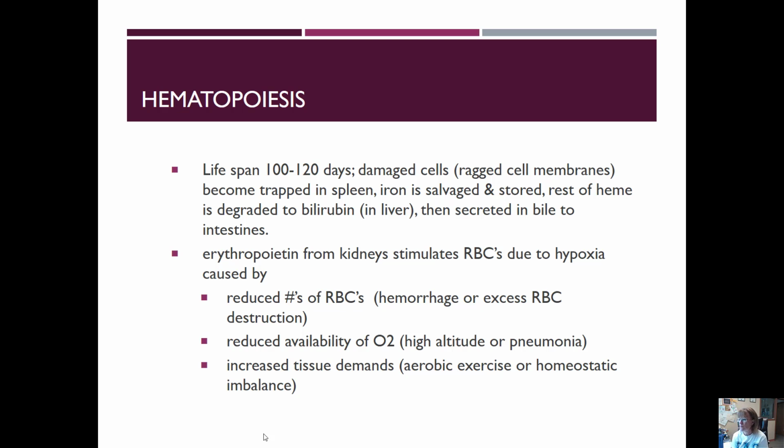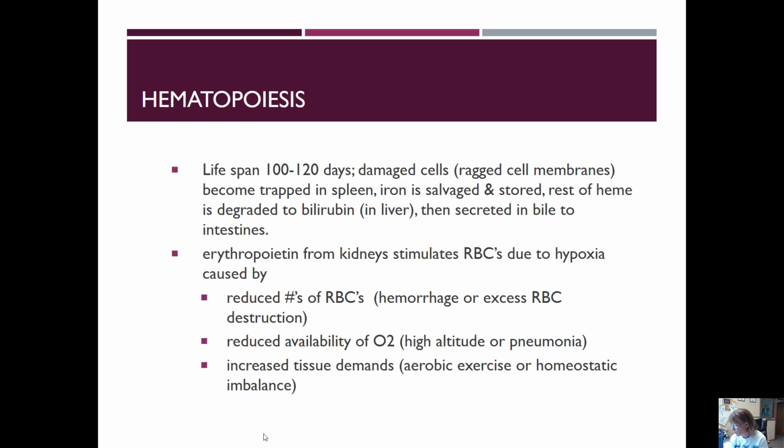So here are some types of anemia. So we have hemorrhagic anemia, where you're bleeding, or excess red blood cell production or destruction. In that case, you may be exposed to radiation, like X-ray or radiation therapy for cancer, or you may have malaria.